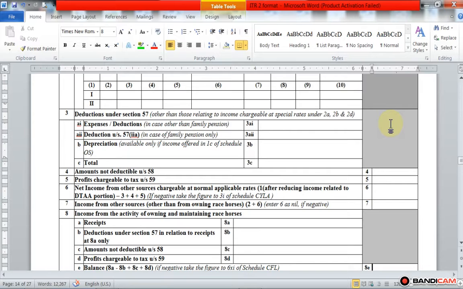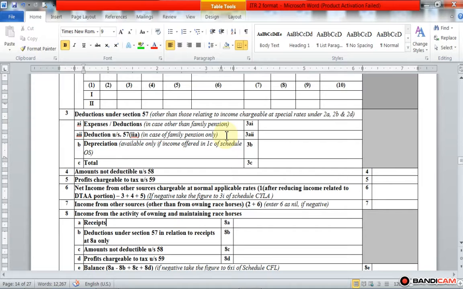Deduction under section 57 2A in case of family pension is given here. So section 57 relates to family pension, or the deduction in respect of any other income earned by the assessee from any other source. Then depreciation, then amount not deductible under section 58, profit chargeable to tax under 59.